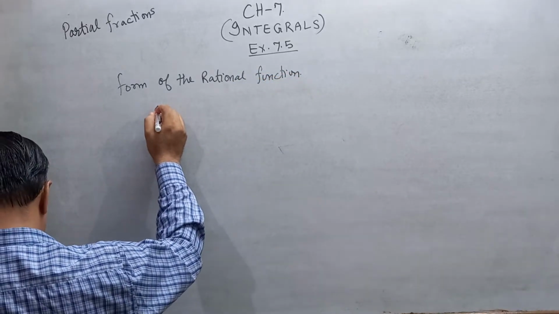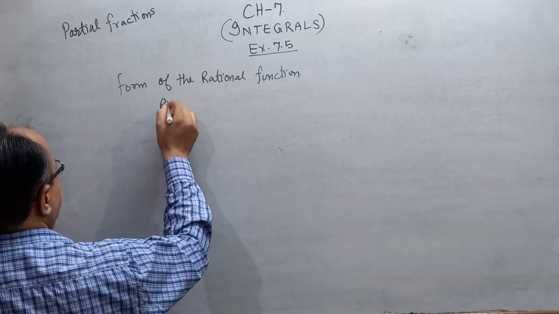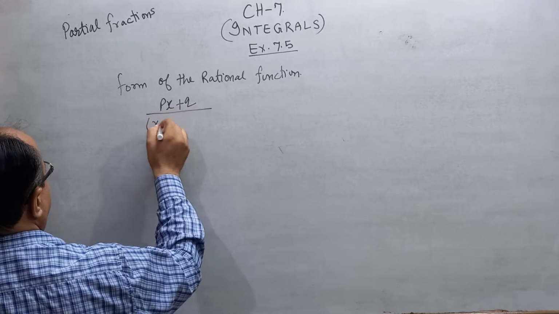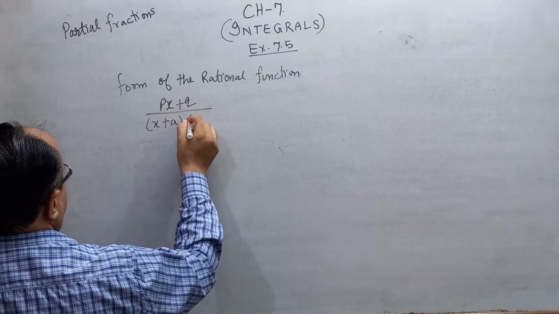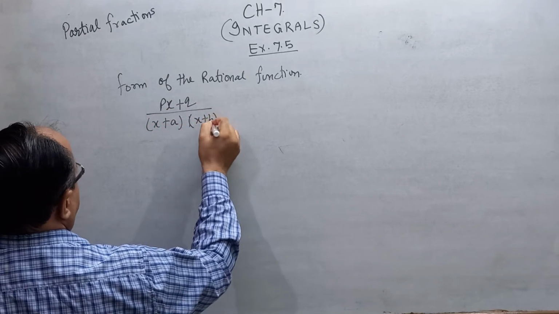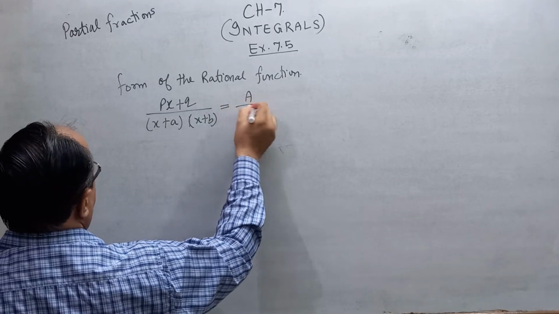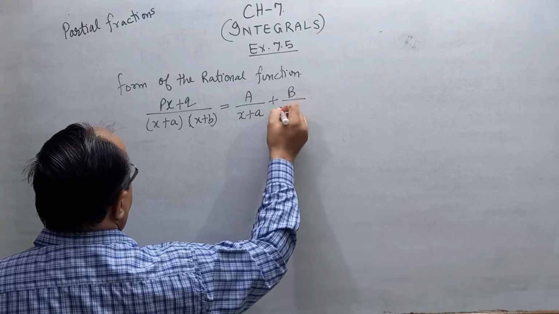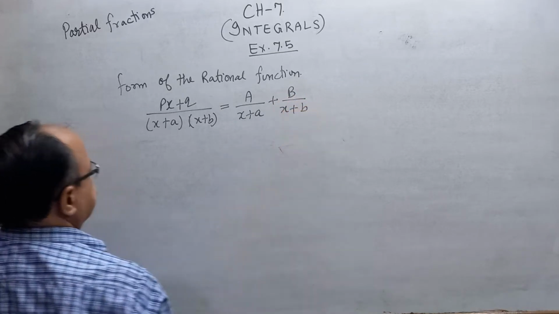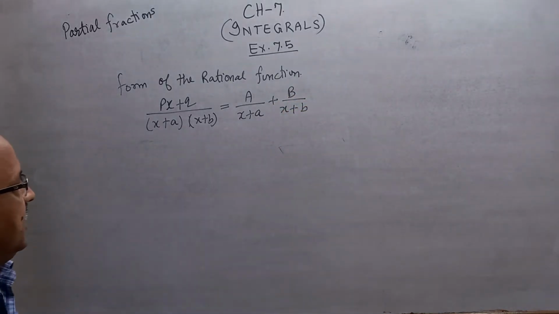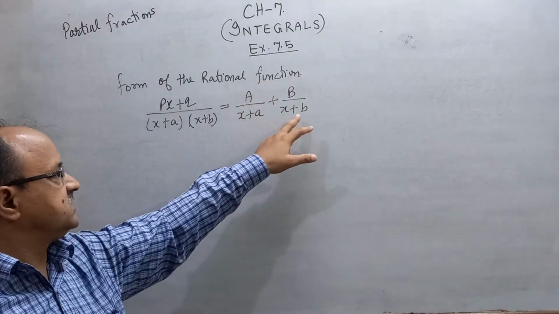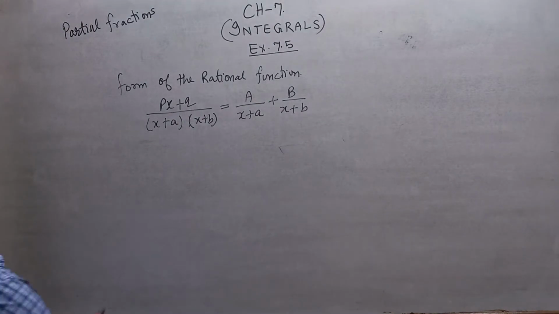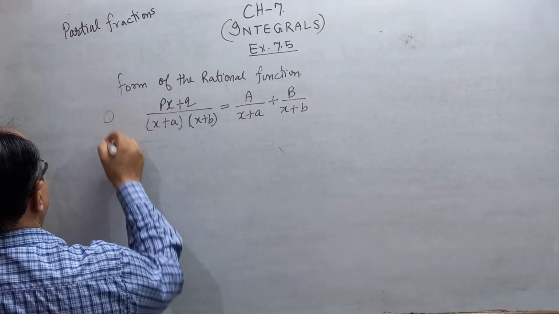Suppose your question is in the form of px plus q upon x plus a into x plus b, then you can write it in the form a upon x plus a, the first factor, plus b upon x plus b. Clear? Or you can write a upon x plus b and b upon x plus a. Correct? This is the first form.